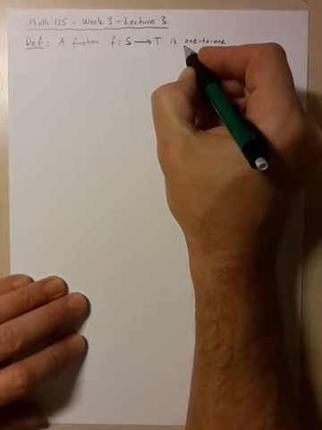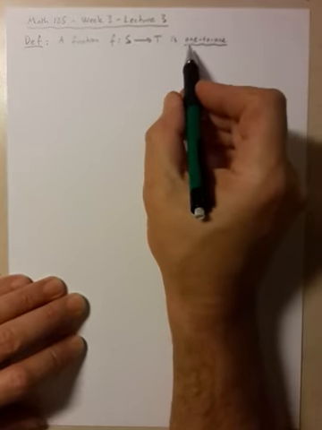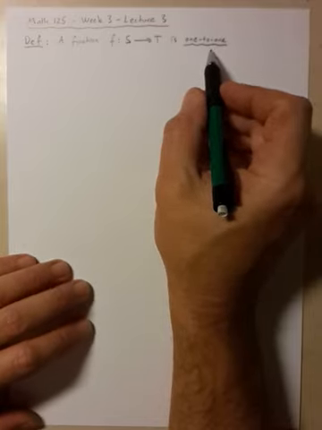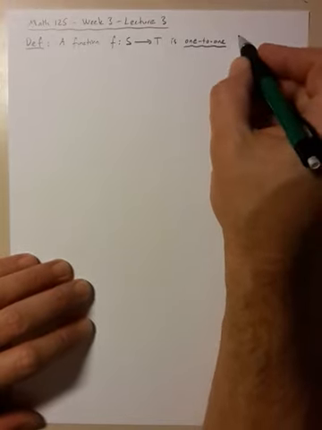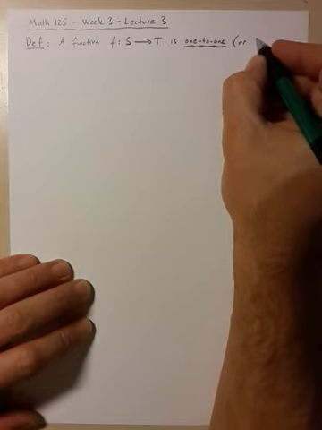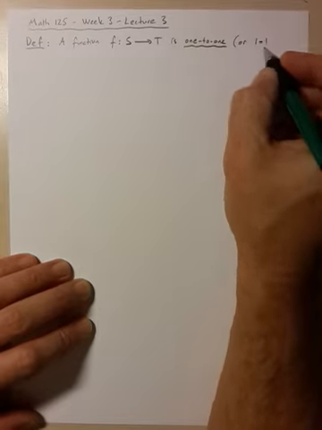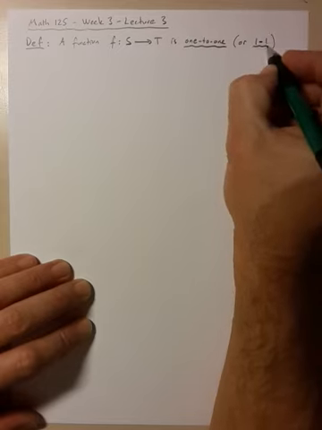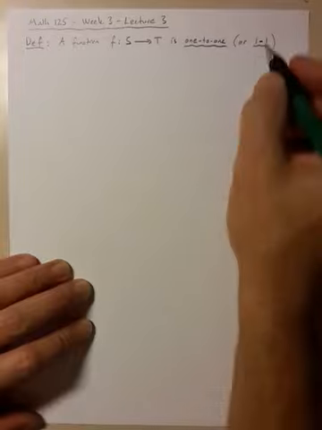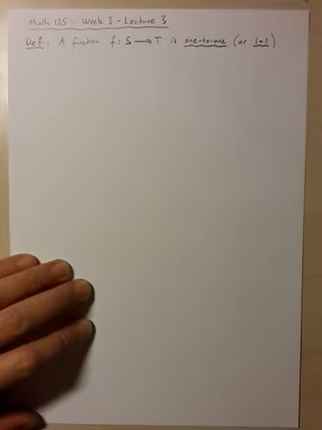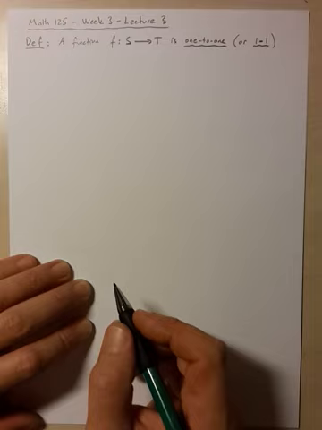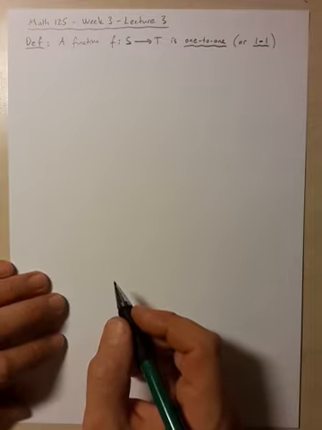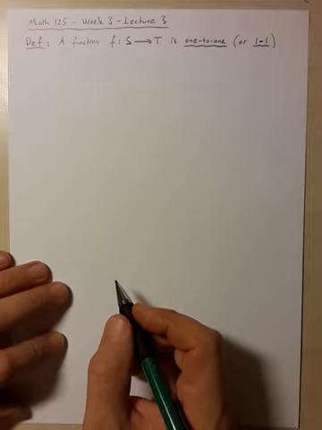Each time writing one-to-one is hard, so let us introduce the following notation. Whenever I write 1-1, that means one-to-one. A function is one-to-one, or simply 1-1, if distinct elements in S have distinct images in T.